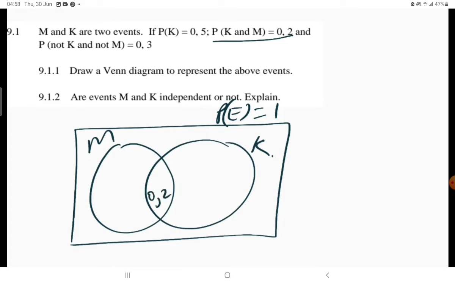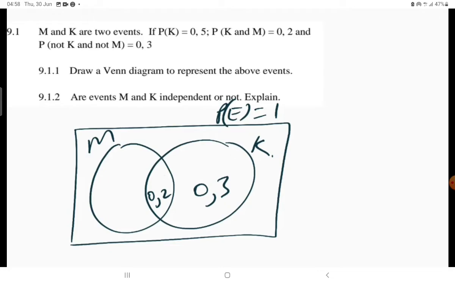Then probability of K is 0.5, which means this circle of K must give us 0.5 when we add 0.3 over there, so the whole circle must add up to 0.5.